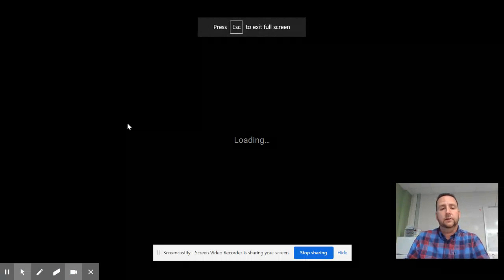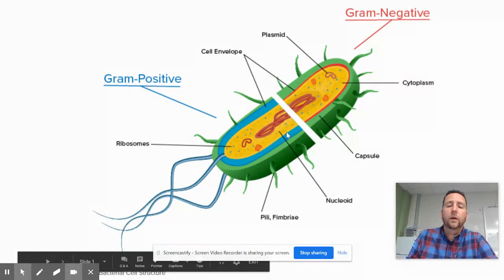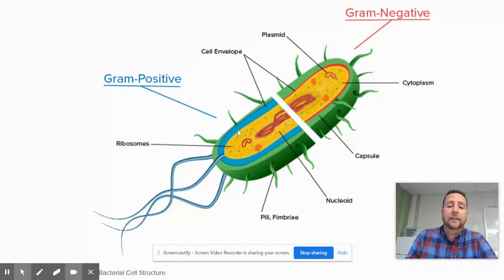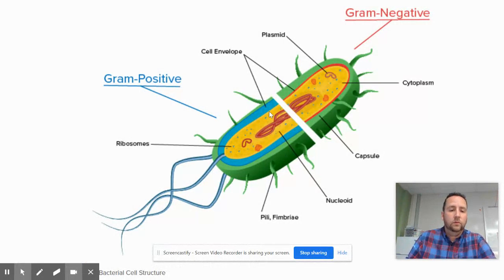So here's a tour of the bacterial cell. You see it is gram-positive. One bacterial cell will be either like this all the way or like this all the way. Nothing is half positive, half negative, right? The gram-positive side has a really thick cell envelope.